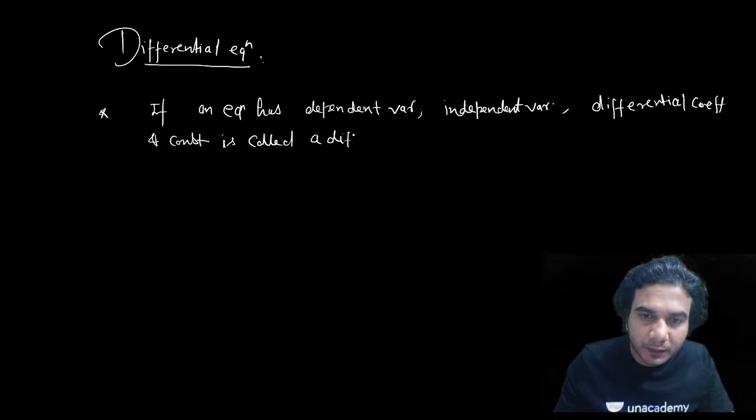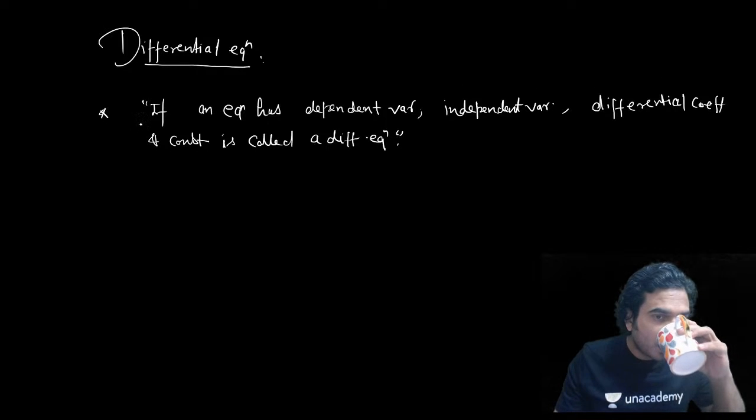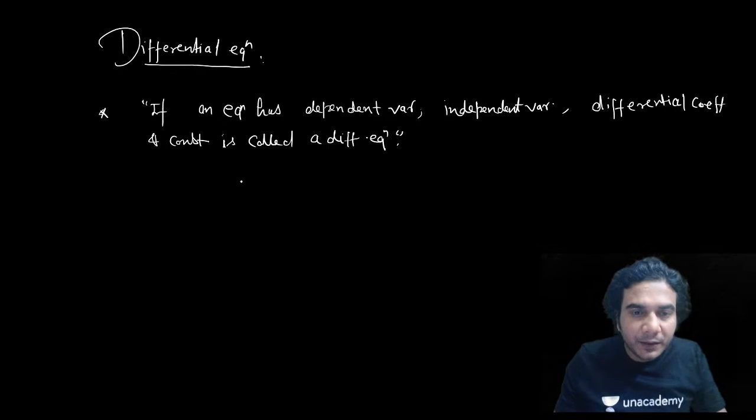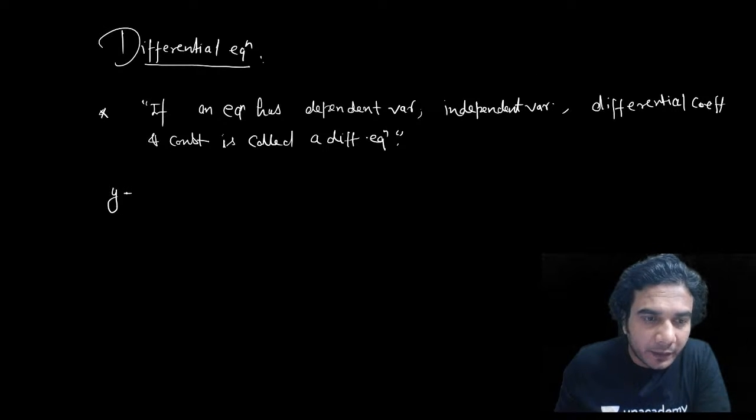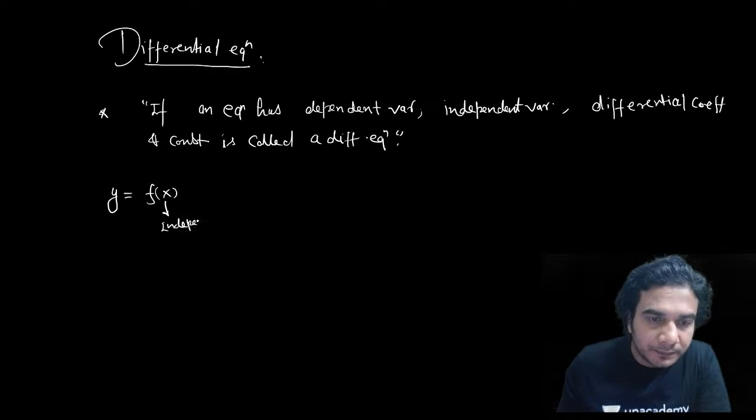Okay, देखो मैंने क्या लिखा है, I'll explain this. देखो जब हम for what is this dependent and independent variable, when we write y is equal to f(x), x is called independent variable, and y is called dependent variable.